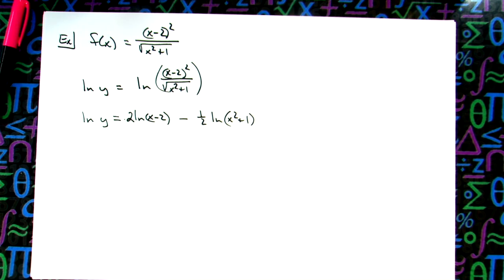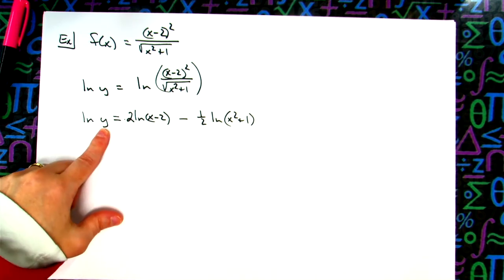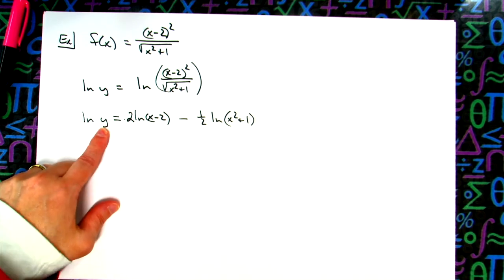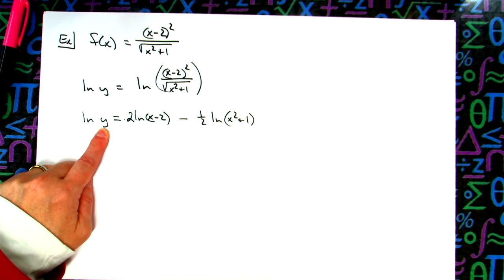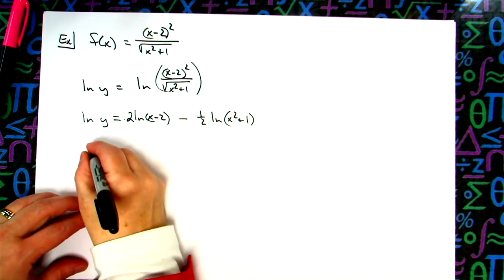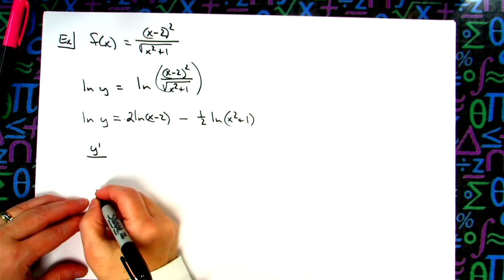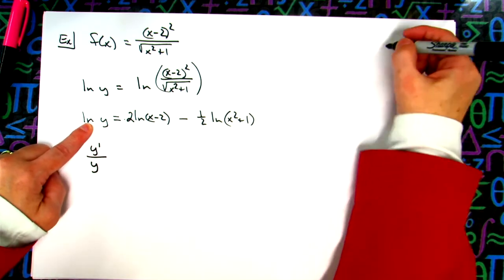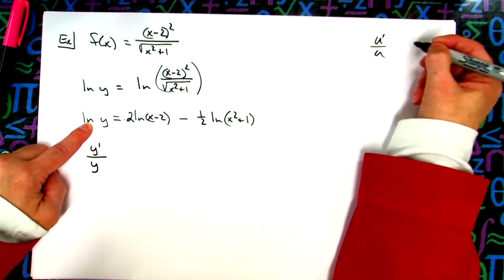Now, differentiate implicitly. That means I've got to slap in the y primes. So when I do the natural log of y, the derivative of y is 1 y prime, implicit. So y prime goes on top, and y goes on the bottom, because that's a natural log function and we're doing u prime over u.